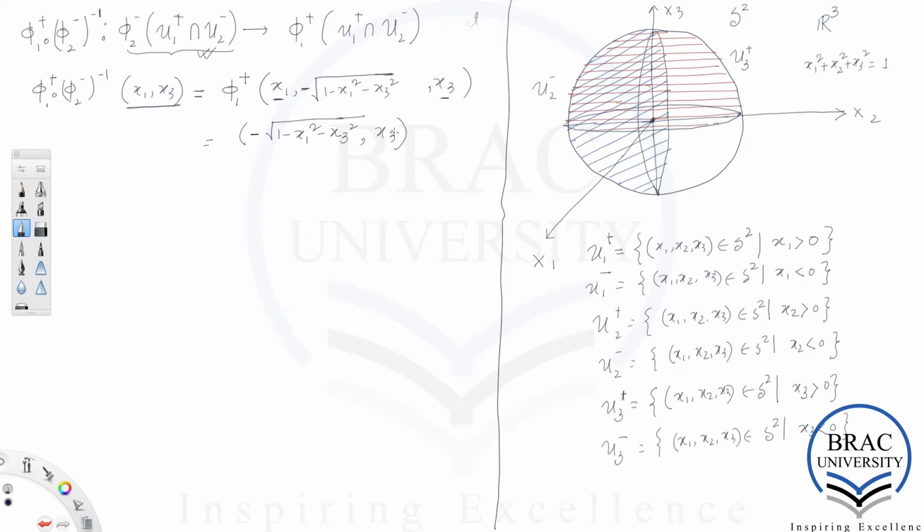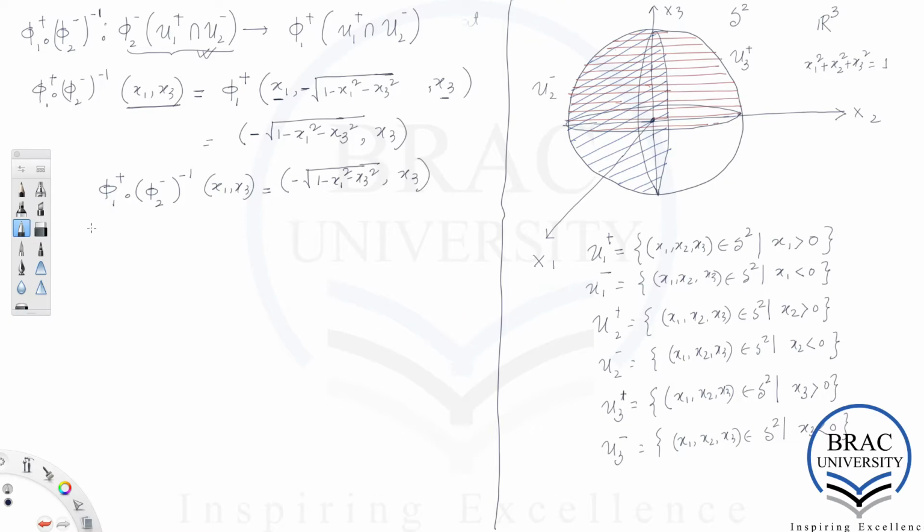Therefore, we just found out that phi 1 plus composed with the inverse of phi 2 minus acting on x1 comma x3 will yield this pair: negative square root of 1 minus x1 square minus x3 squared, comma x3.